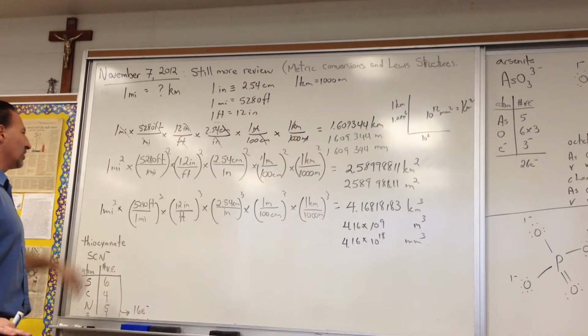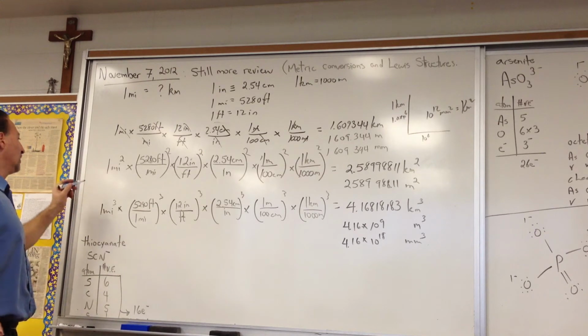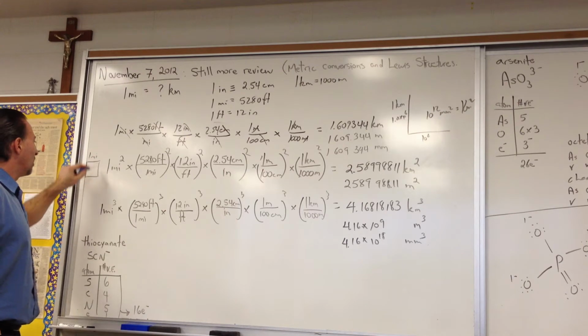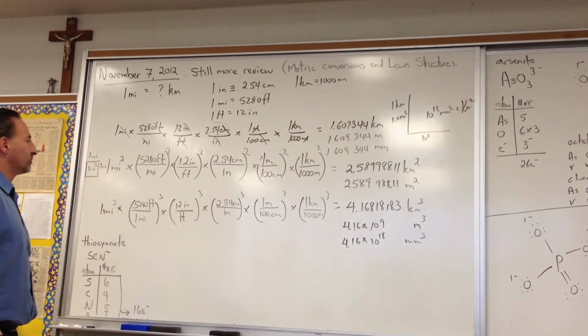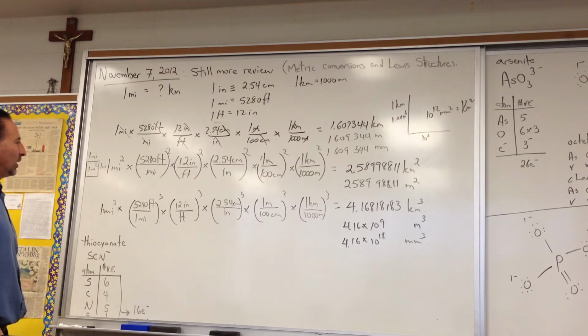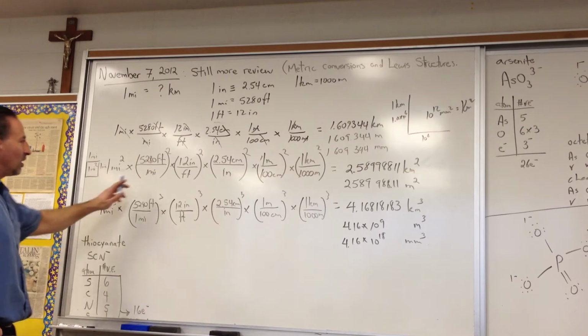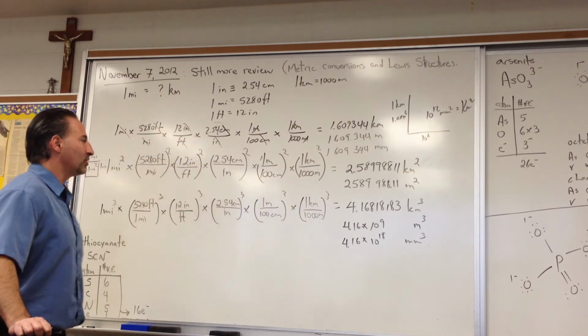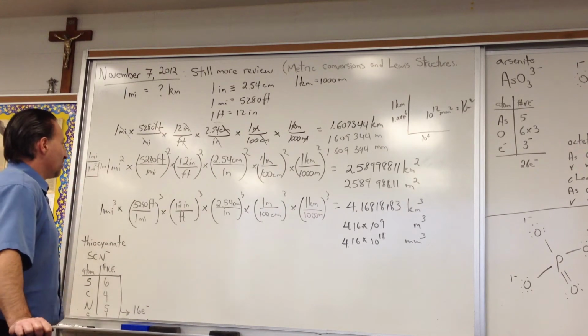Now what if I wanted to convert a square mile, meaning a square that is 1 mile long and 1 mile wide, that would be 1 mile squared. If I wanted to convert that into kilometers squared, I would use all the same conversion factors, except now each one is raised to the power of 2, because it has to be applied over 2 dimensions.